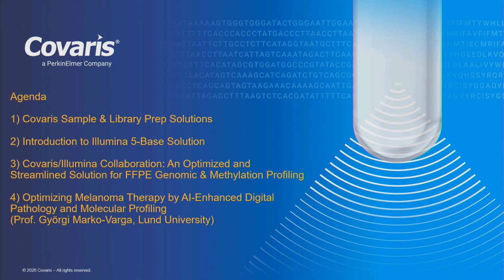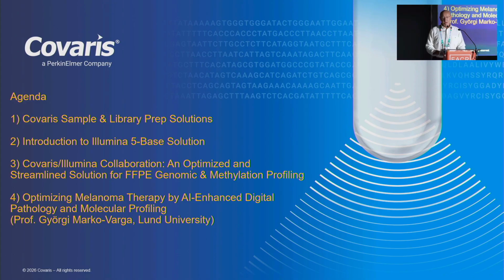So we have an agenda. I will go through what Covaris can provide in terms of sample preparation and also library preparation. We will do an introduction. So Nadia will do an introduction from Illumina. And then we'll show a collaborative effort from Covaris and Illumina where we optimize the workflow for 5-base, methylation, and mutation sequencing.